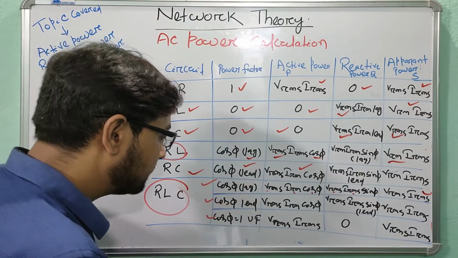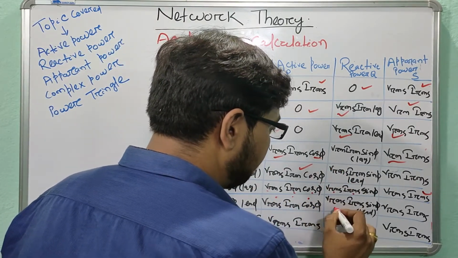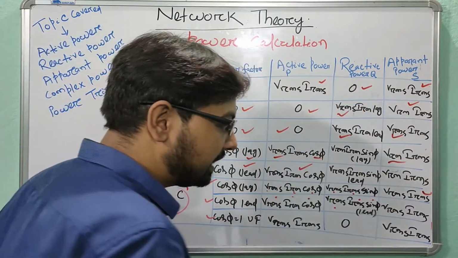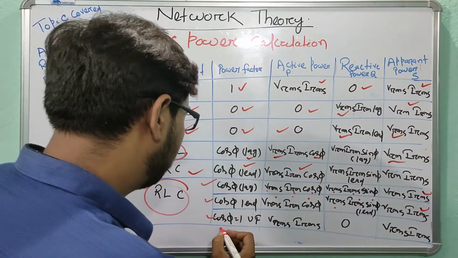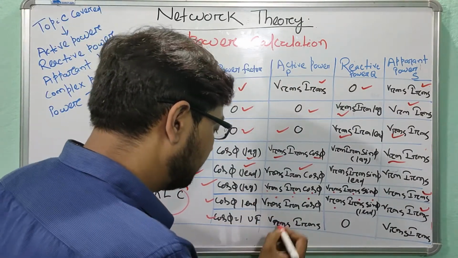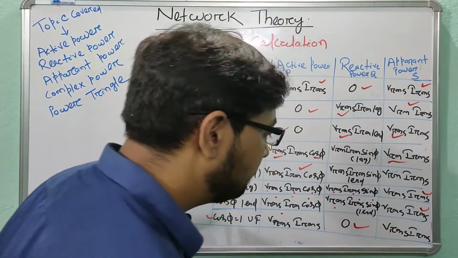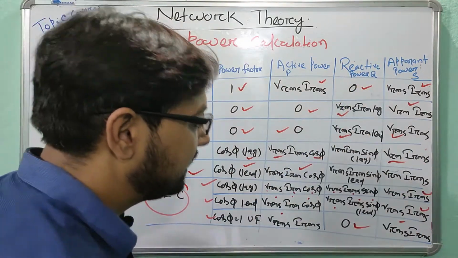For cos phi lead, Vrms Irms cos phi is the active power, Vrms Irms sin phi is the leading reactive power, and apparent power is Vrms Irms. For cos phi equal to 1, that is unity power factor, Vrms Irms is the active power value, reactive power value is 0, and apparent power is Vrms Irms.